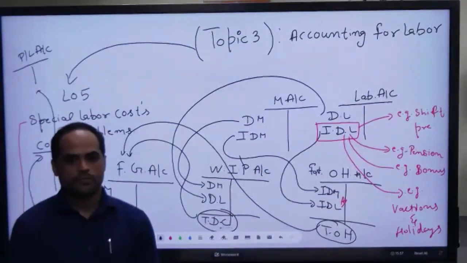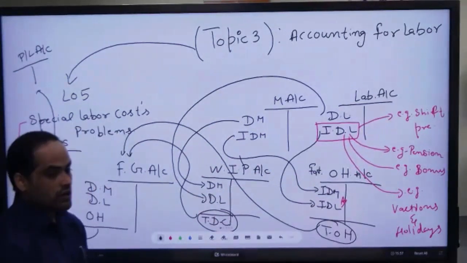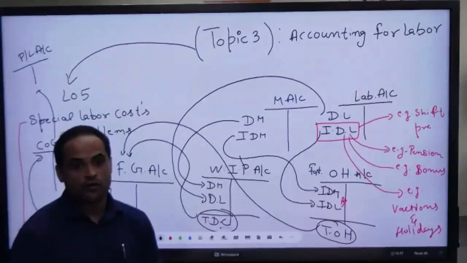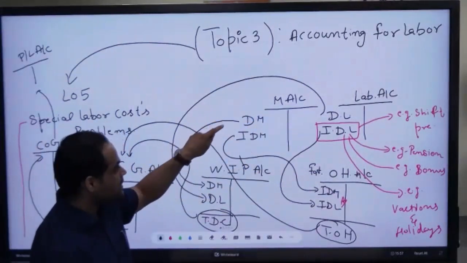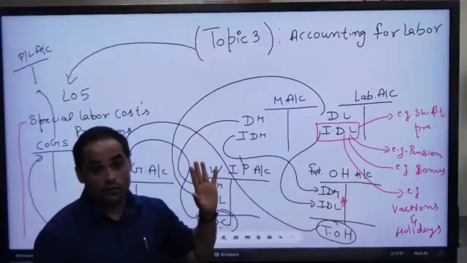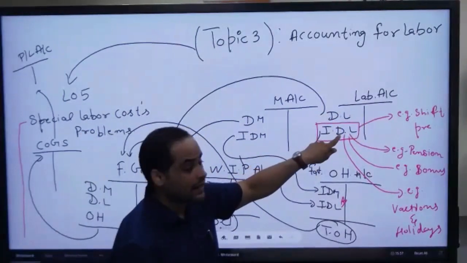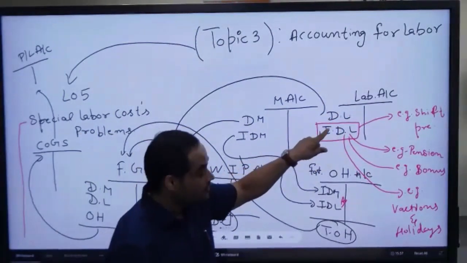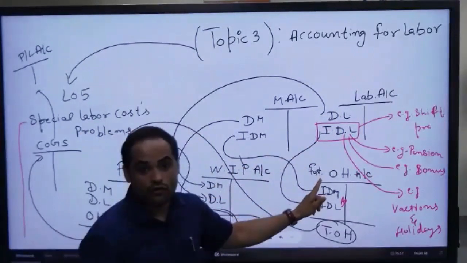All right. So for example, if you are recording your factory overheads, again, in material accounts you have direct material and indirect material. Indirect material will transfer to factory overheads. In labor accounts, we have direct labor and indirect labor. Indirect labor, of course, is overhead and will transfer to factory overheads.